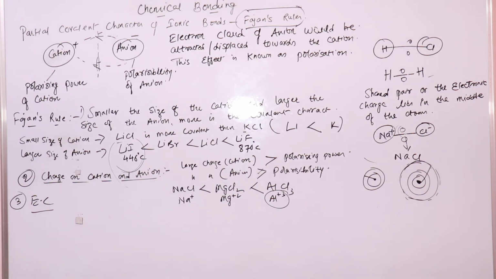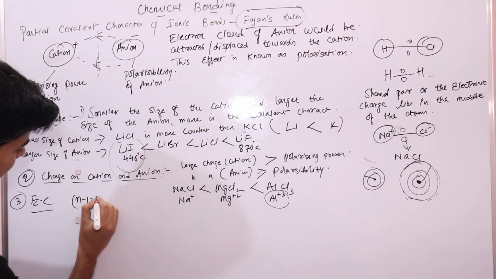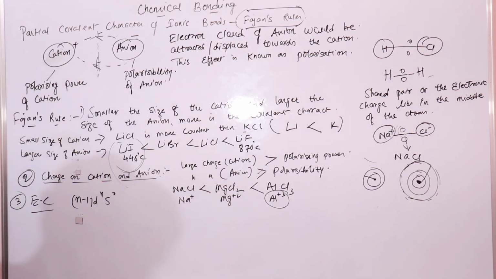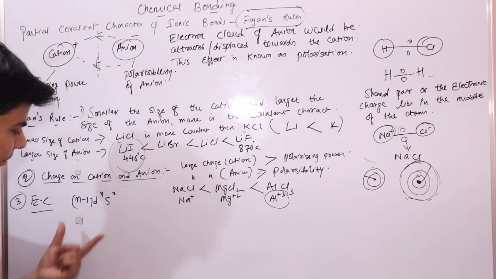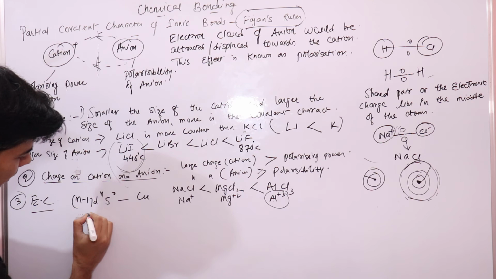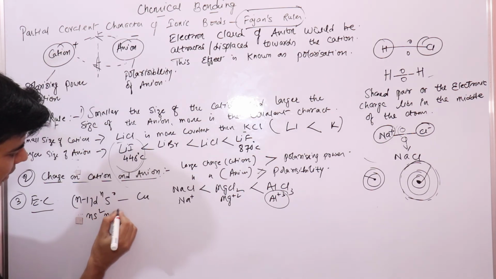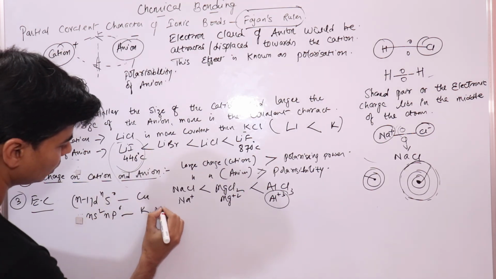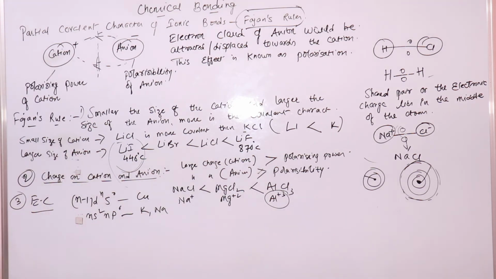So the elements that have electronic configuration of the type (n-1)d10 ns0, for example copper, and ns2 np6, this is for potassium, sodium kind of metals.